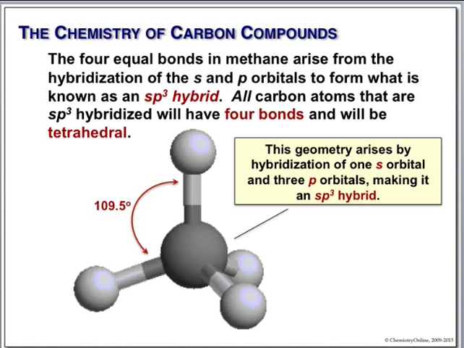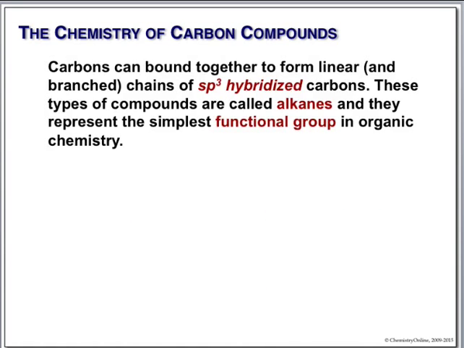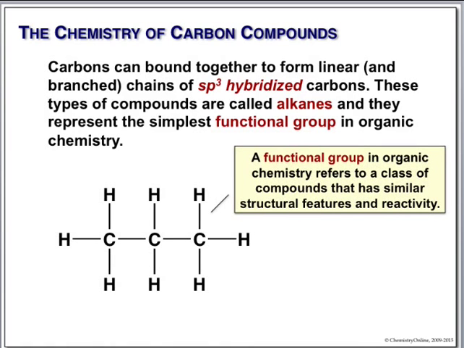Now, the neat thing about carbon and carbon compounds is that we can connect these carbons together. We can connect them in very, very interesting ways. We can stick in oxygens, nitrogens, sulfur, other things along with our chain. In organic chemistry, we speak of functional groups.